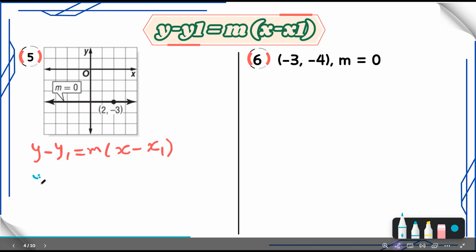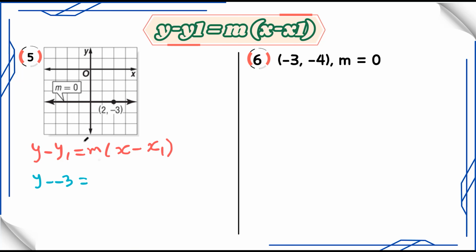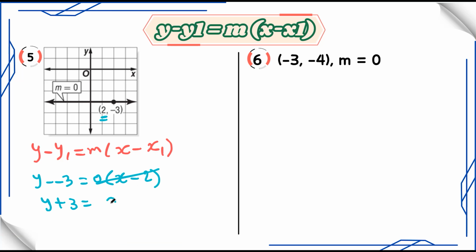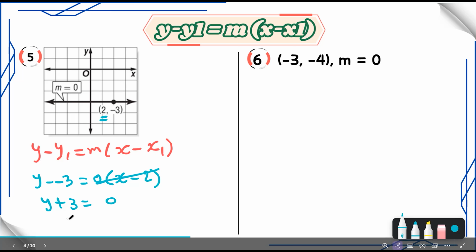Y minus y1 here is negative 3 equals m, slope here is 0, multiply x minus x1, here is 2. Negative negative will be positive like this. 0 multiply anything will be 0. Then the answer would be y plus 3 equals 0.